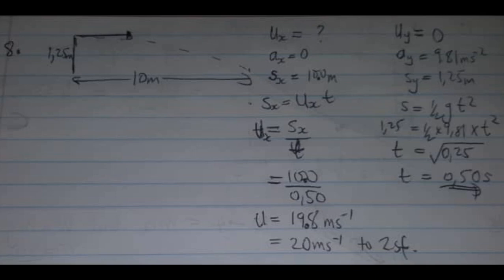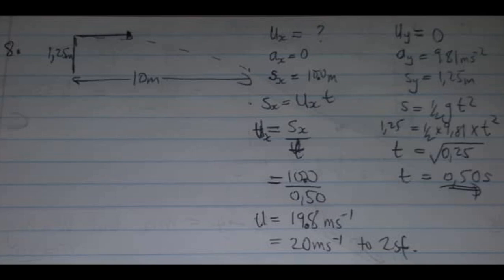So we can use s is equal to ut plus half at squared, where u is 0 because there's no initial vertical velocity. So s will be equal to half gt squared. Then we know that s is 1.25, and calculating that gives t as 0.50 seconds. Now we use this t because it's the same time that is happening in the horizontal.